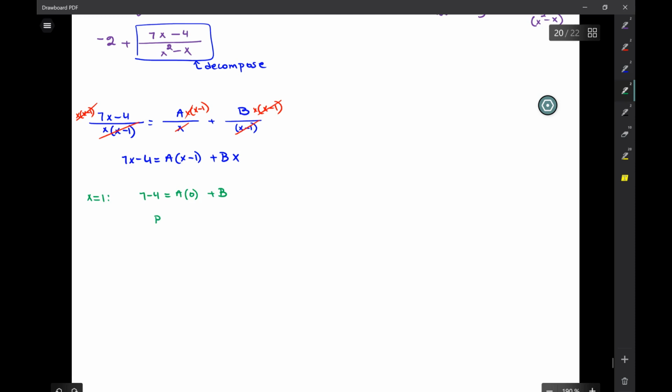So how much is b? 3. What else can I put in, guys? 0. So 0 minus 4 equals a times negative 1 plus 0. So negative 4 equals negative a, so a equals 4.